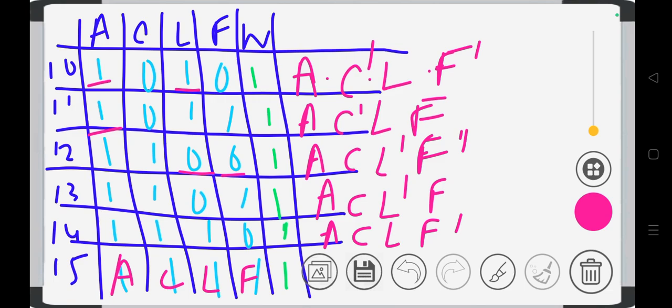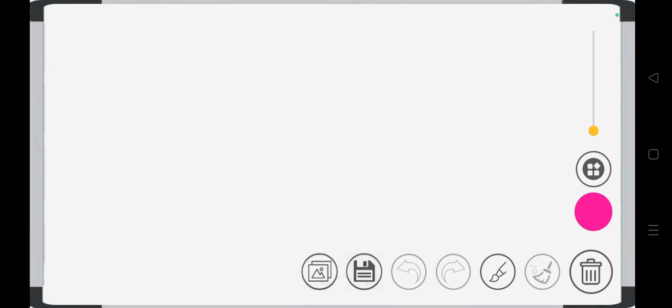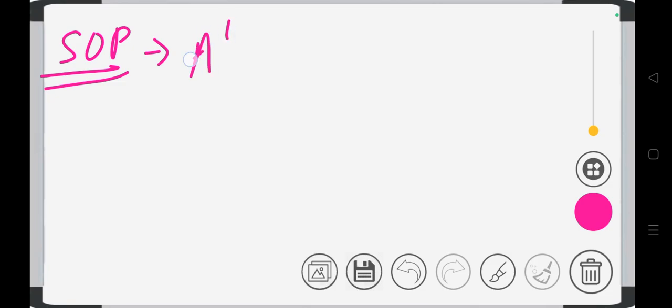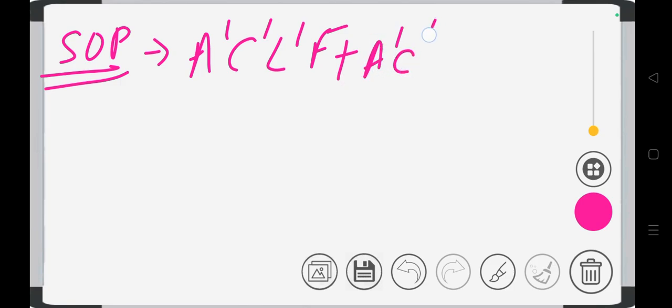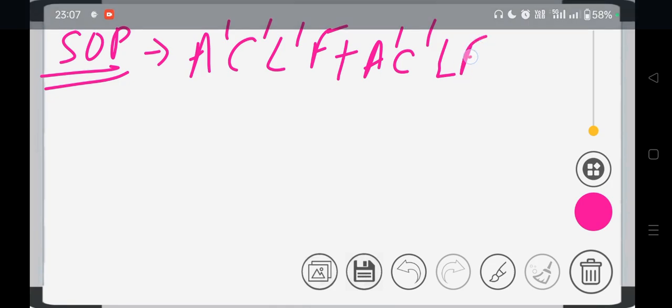Now as you have all copied this table, I will be deleting the table now. I will just write down the final SOP expression, right? So we got the output for terms 1, 2, 3. Term 1 was A complement C complement L complement F, the first term. The second term was L F complement.